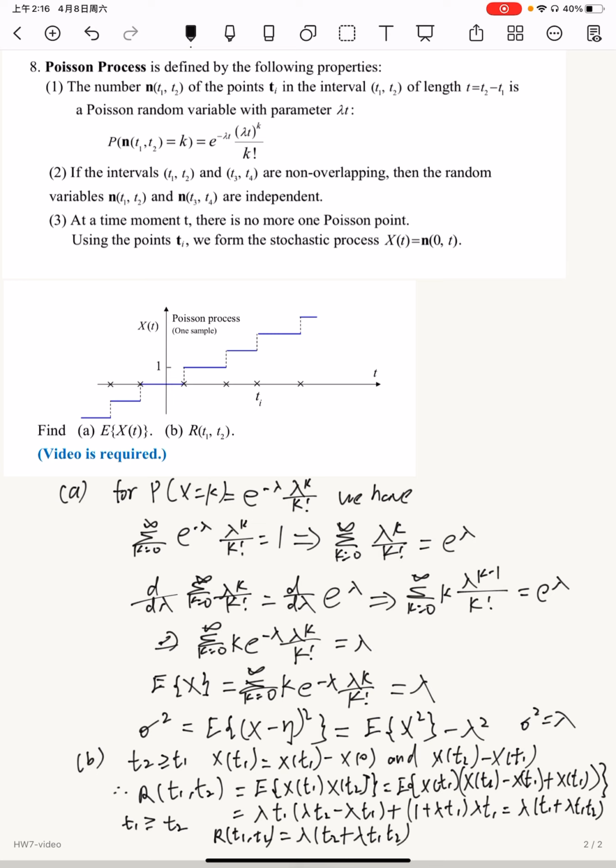Therefore we can get the final result R(t1, t2), which equals lambda multiplied by the minimum of t1 and t2 plus lambda squared t1 t2. Okay, that's the solution of problem 8. That's it. Thank you.